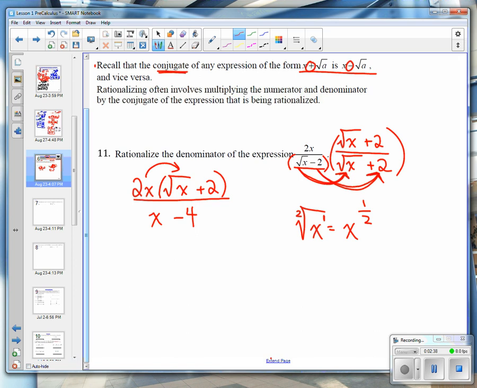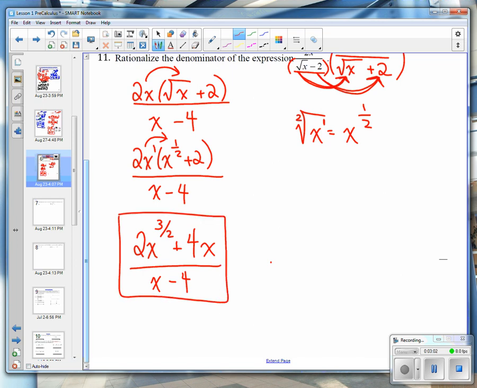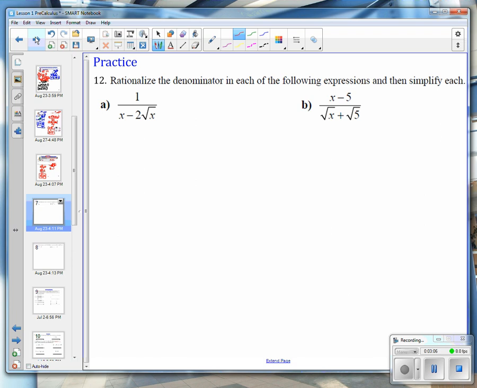So this would be the same as 2x times x to the power of a half plus 2, over x minus 4. And if I multiply in, remember this is x to the power of 1, so I'm just adding my exponents. So that would be 2x to the power of 3 over 2 plus 4x, all over x minus 4. Okay, so that would be our answer since we've got rid of that radical in our denominator.